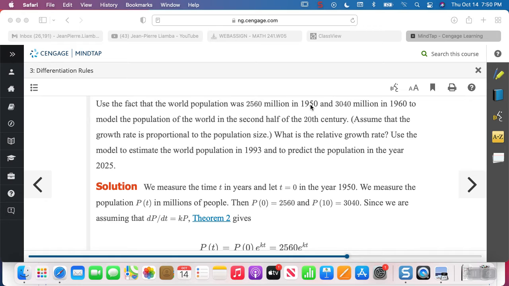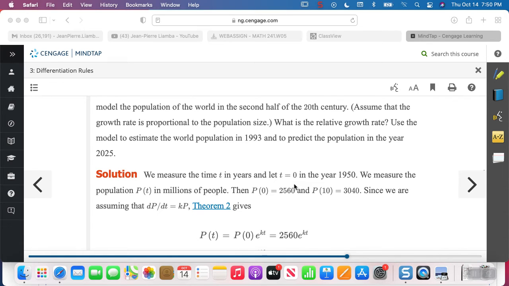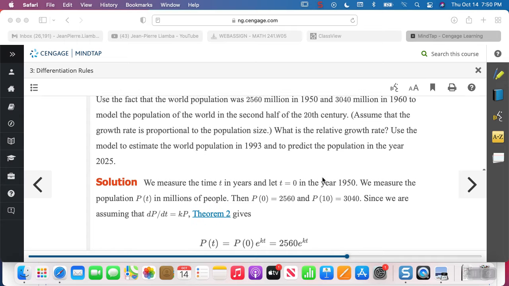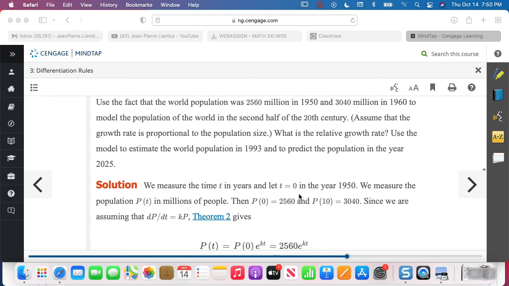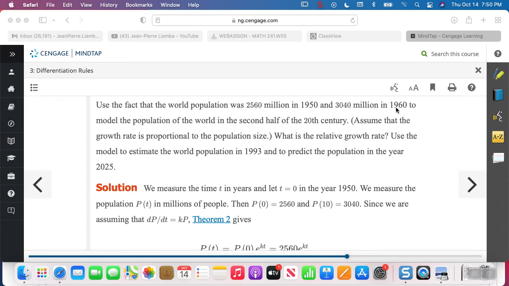If t equals 0 is 1950, then 1960 is going to represent t equals 10, because 1960 minus 1950 gives you 10.